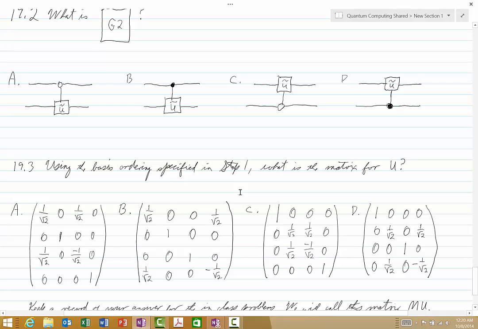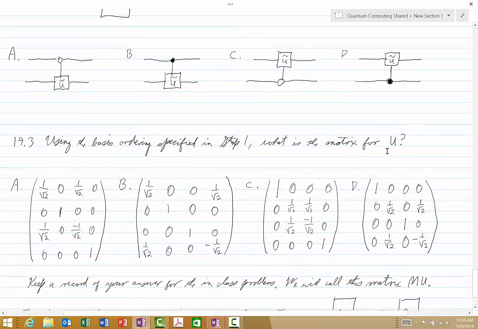And then for 19.3, using the basis ordering specified in step 1, what is the matrix for U? Here you have 4 two-qubit unitary matrices, which one is correct for this transformation? And keep in mind now, you must use the basis ordering specified in step 1.